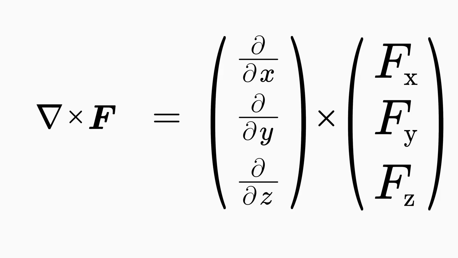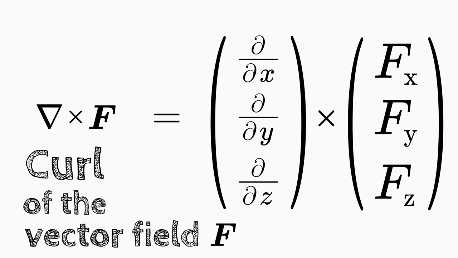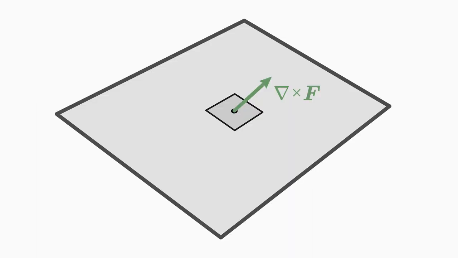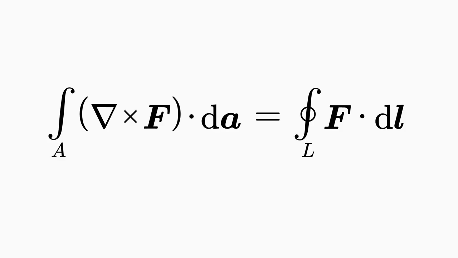In addition to the scalar product, it is the second way to multiply two vectors. This cross product between the nabla operator and the vector field F is called the curl of the vector field F. The result, in contrast to the scalar product, is again a vector field. This new vector states how much of the field F rotates around a point within the surface A. Then, the scalar product is formed between the new vector field nabla cross F with the infinitesimal surface element dA.